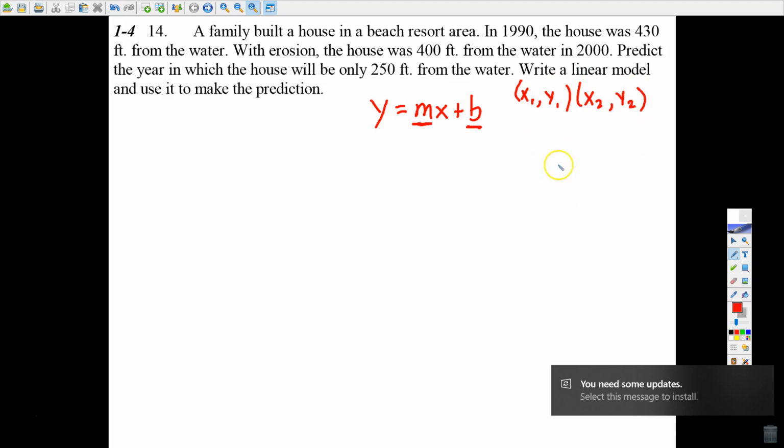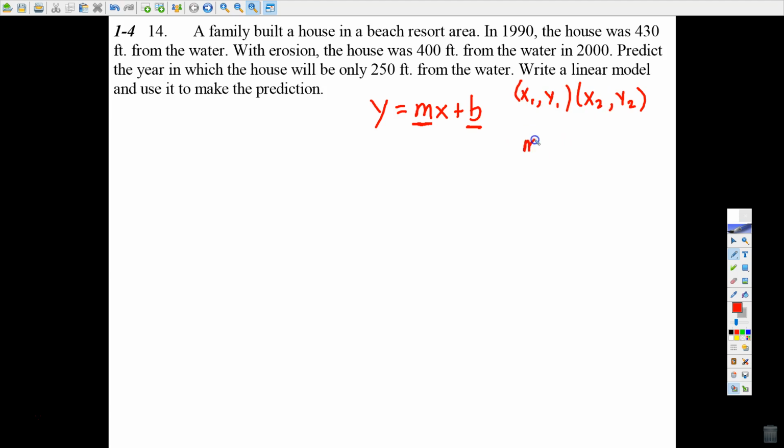You learned back in Algebra 1, maybe even pre-algebra, that if you're given 2 points on a line, you can find the slope by using this little formula: y2 minus y1 over x2 minus x1.